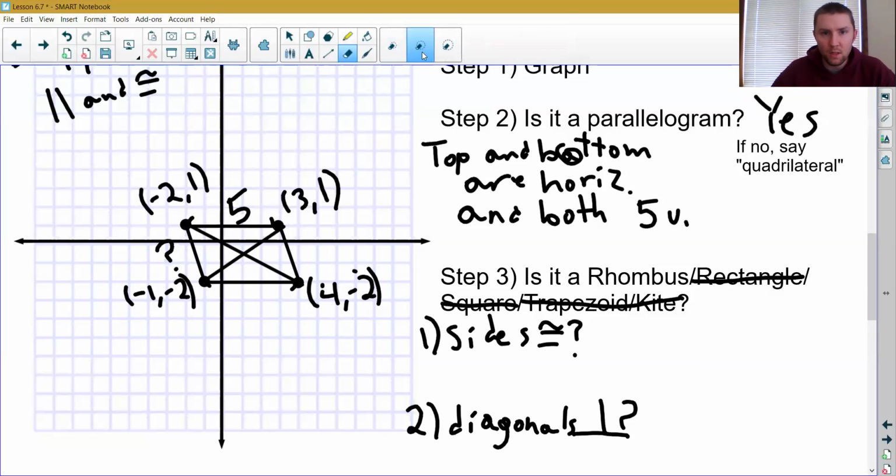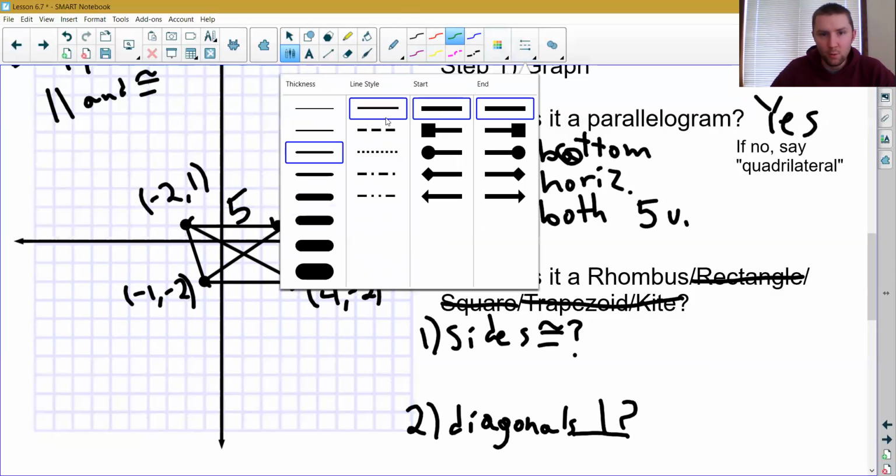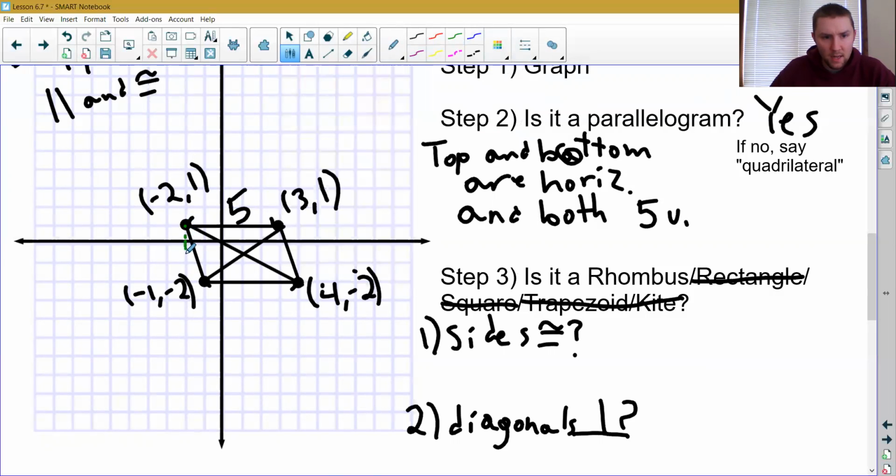If we don't want to use the distance formula, and we want to use the Pythagorean theorem, which is my preference, I can just drop this down and slide that over and make this little tiny right triangle, which I'll draw over here for myself as well. I'm trying to find this side length and see if that is 5, just like the top side is 5.